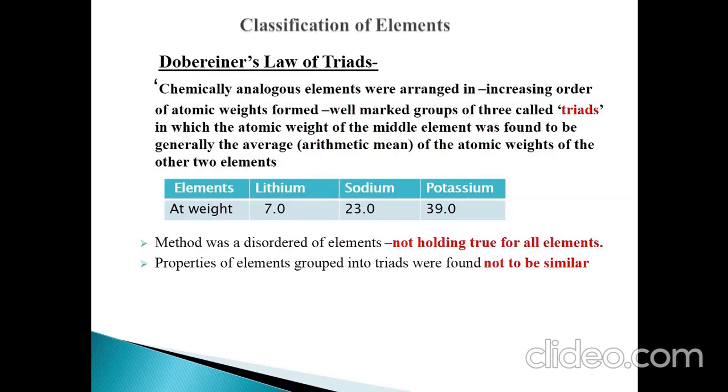Döbereiner's law of triads. Chemically analogous elements were arranged in increasing order of atomic weights, forming well-marked groups of 3 called triads, in which the atomic weight of the middle element was found to be the average, or arithmetic mean, of the other 2 elements.